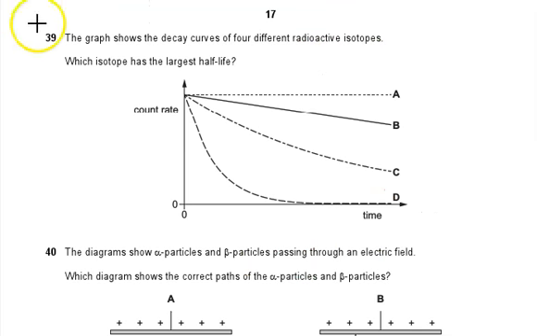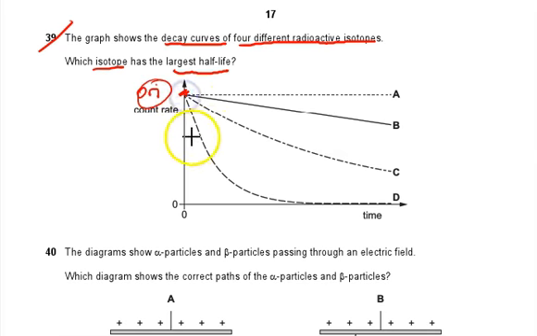Okay, number 39, the graph shows a decay curve of 4 different radioactive isotopes. Which isotope has the largest half-life? So if you look at here, this is the original. So when they reduce to half, let's say this is half of the original, N0/2.